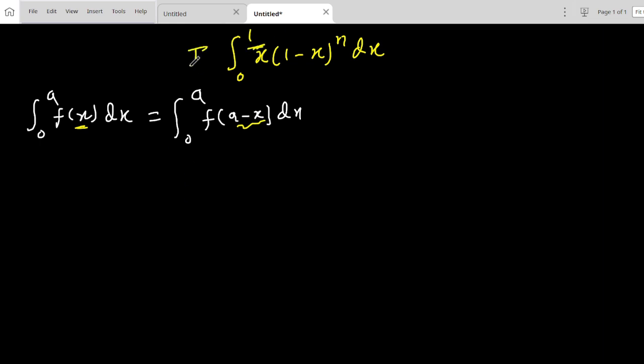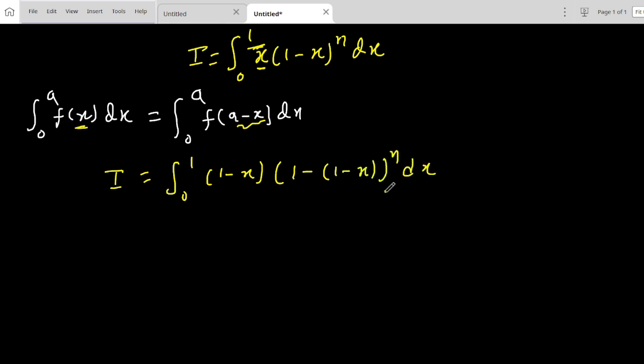So when we rewrite the entire statement of integration, I is equal to the integral from 0 to 1. In place of x, this is 1 minus x, and 1 minus x whole to the power n dx.